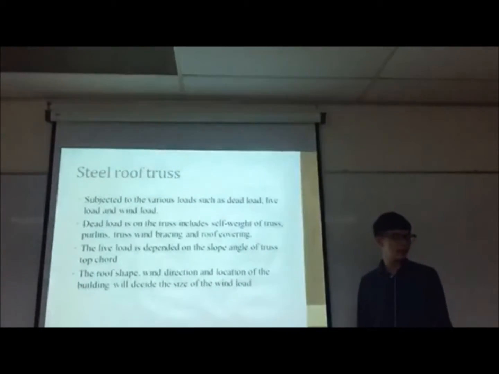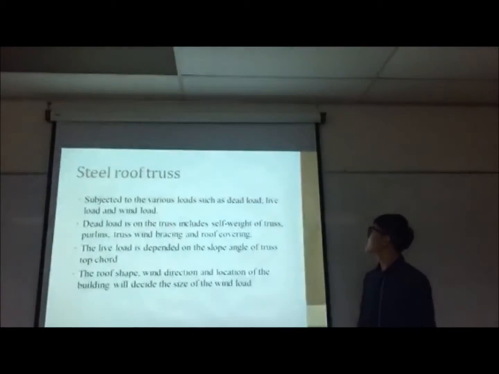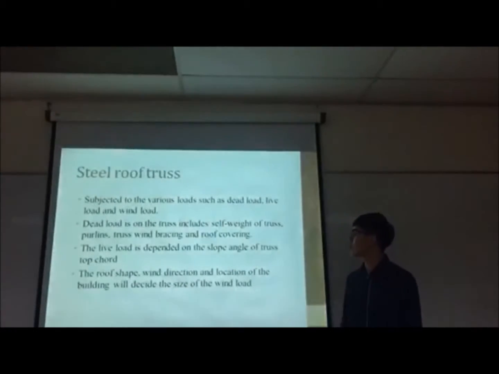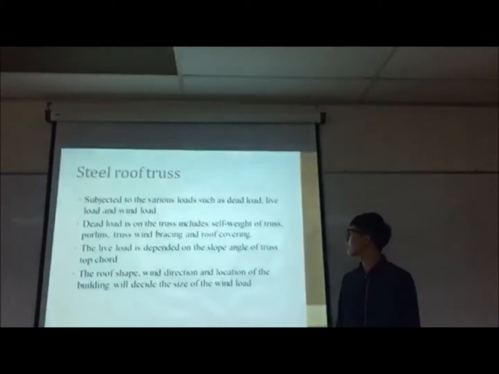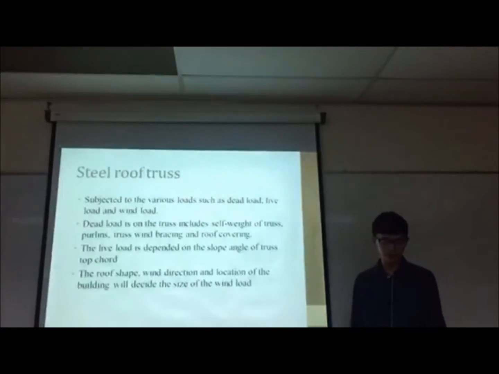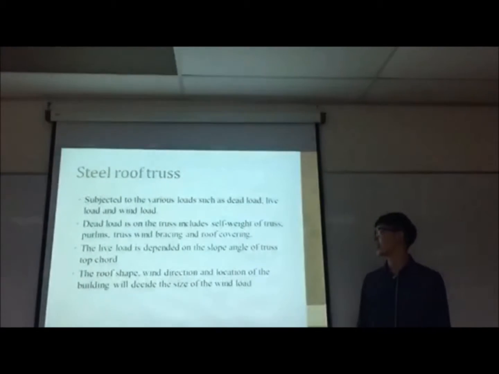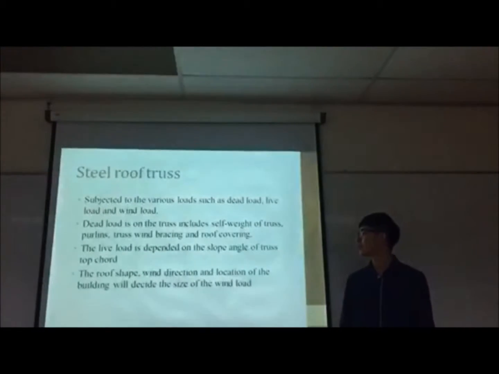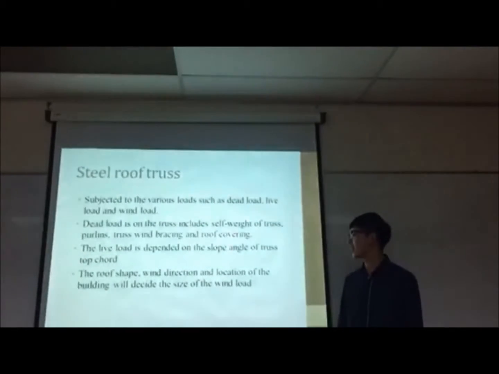A steel roof truss is also subject to different loads such as dead load, live load, and wind load. Dead load on the truss includes the self weight of the truss, purlin, wind bracing, and roof covering. The live load depends on the slope angle of the truss top chord.